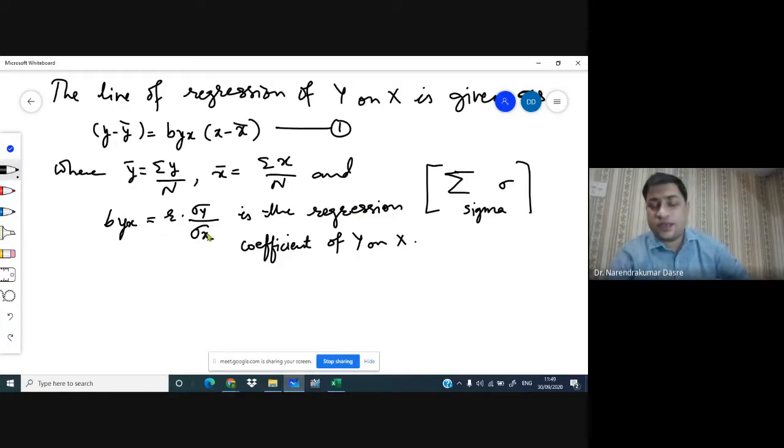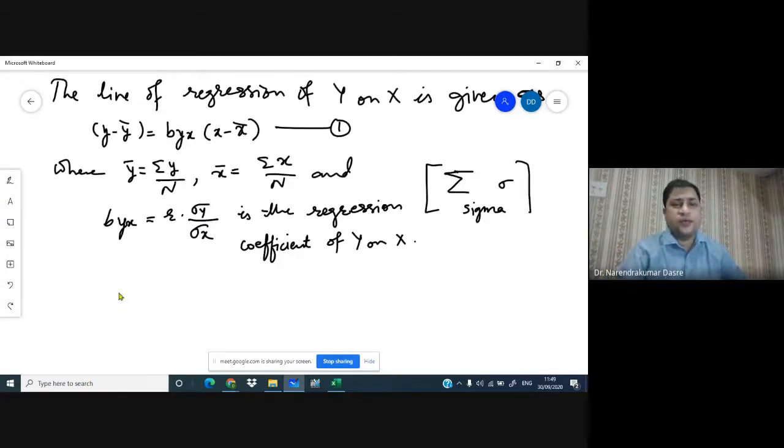Now, what is r? What are sigma x and sigma y? That we have to see.